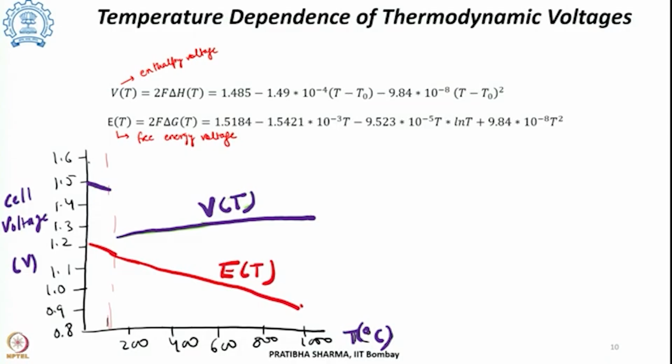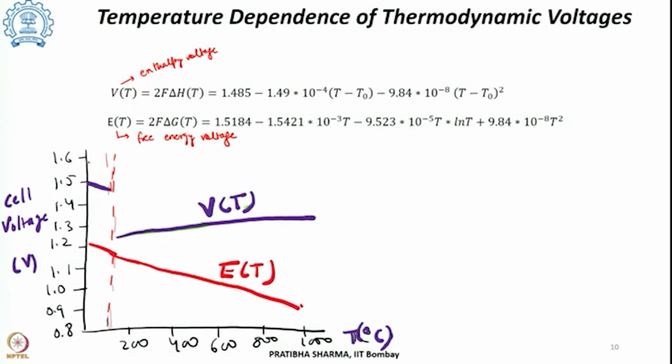This is a curve showing how these voltages vary for different temperatures. Now again there is a discontinuity observed in case of the enthalpy voltage corresponding to the vaporization of water at 100 degree centigrade.